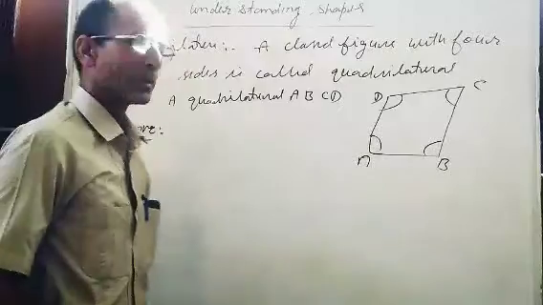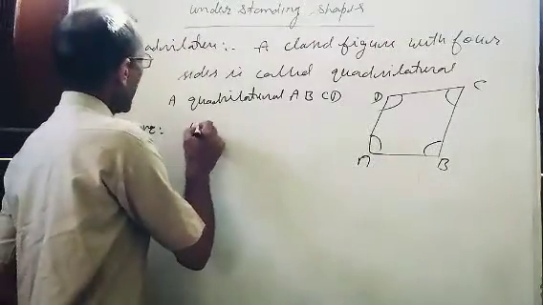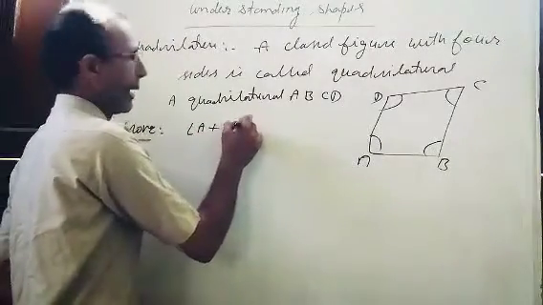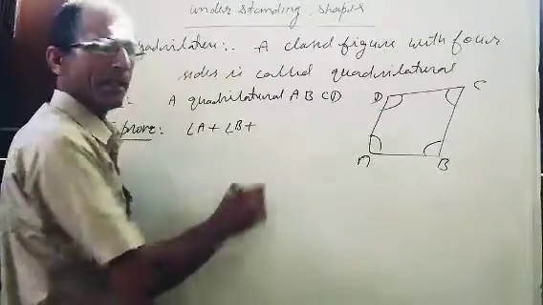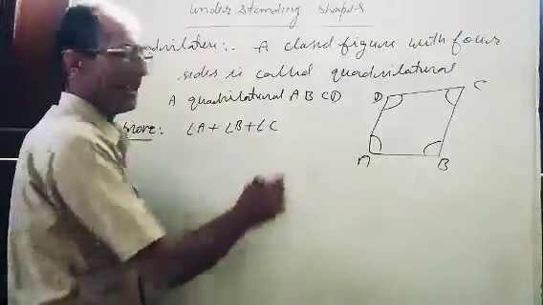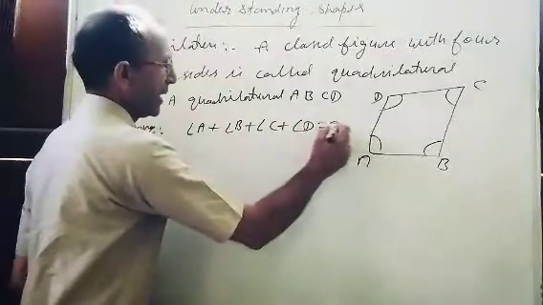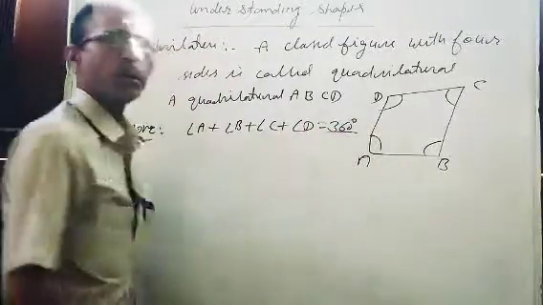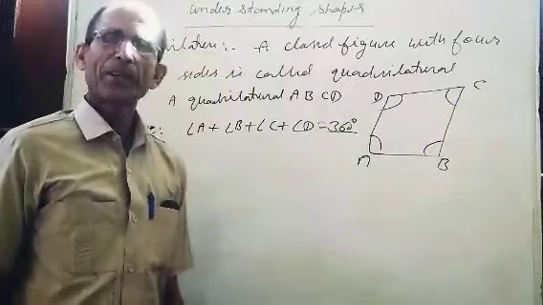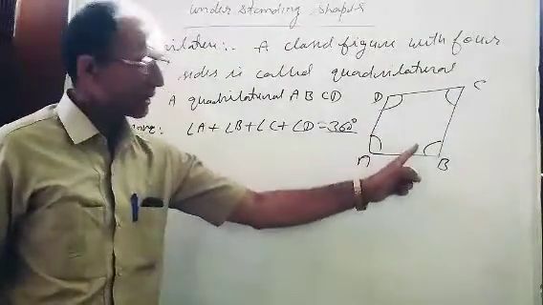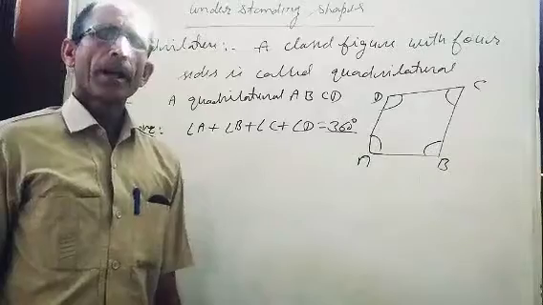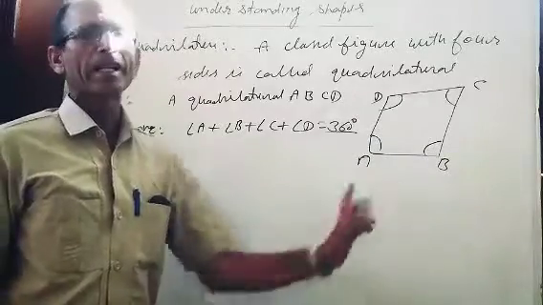That is, angle A plus angle B plus angle C plus angle D is equal to 360. We have to prove that the sum of the interior angles of a quadrilateral is 360.